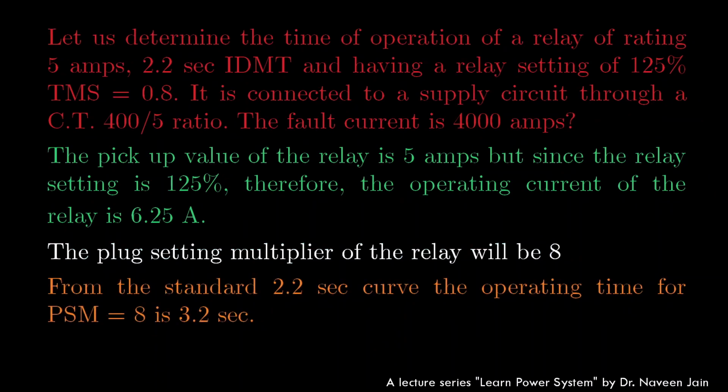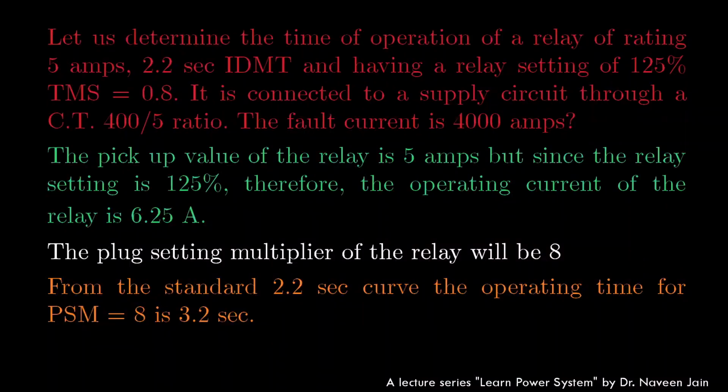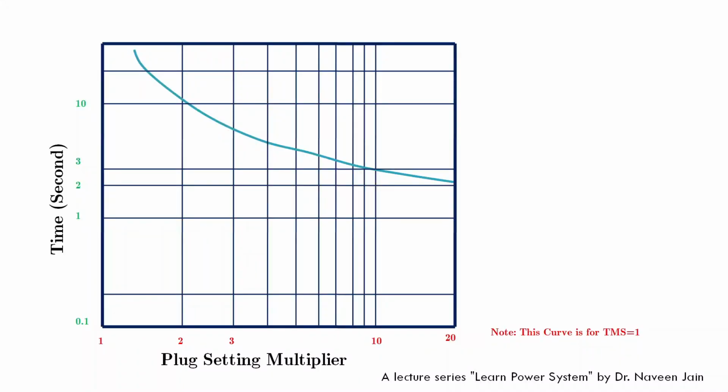Now for this value, the plug setting multiplier of the relay is 8. And from the standard 2.2 second curve, the operating time for PSM 8 is 3.2 seconds. You can see the curve for PSM 8 and the corresponding time is 3.2 seconds.